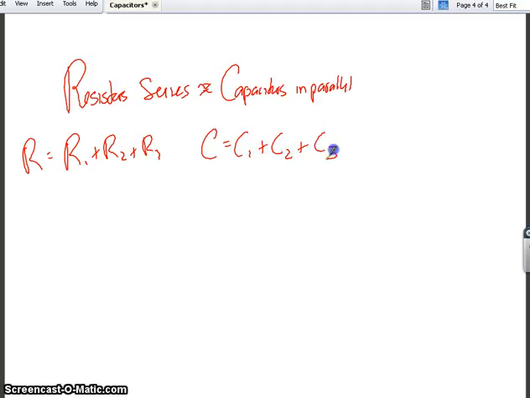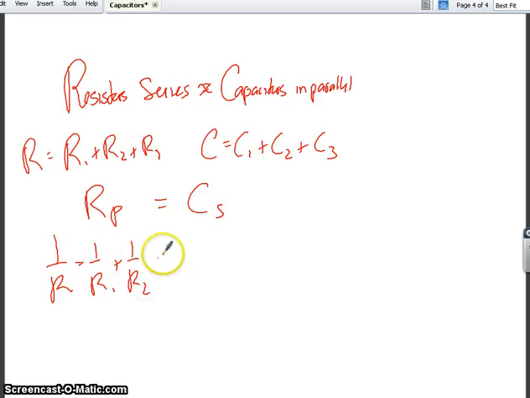So on the flip side, resistors in parallel is kind of like capacitors in series. 1 over R equals 1 over R1 plus 1 over R2, etc. This is similar to 1 over CS equals 1 over C1 plus 1 over C2, etc. Okay? So capacitors are kind of like resistors, but they're flipped. Okay, so the capacitance will go down in series and it will go up in parallel.